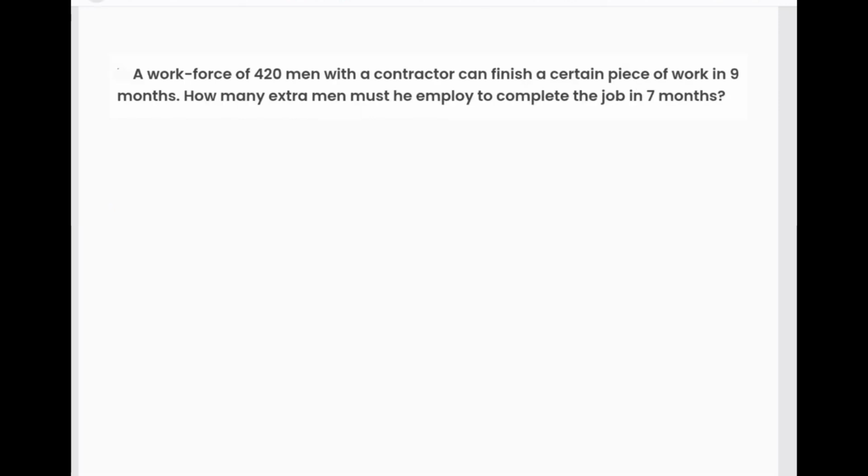A workforce of 420 men with a contractor can finish a certain piece of work in 9 months. How many extra men must be employed to complete the job in 7 months?